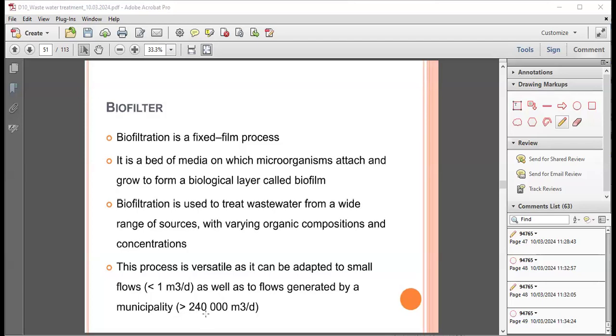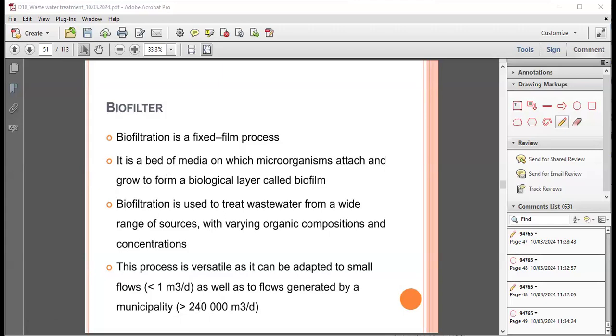The range is up to about 2.4 times 10 to the power 4 cubic meters per day. It can be treated from small to high levels, right?